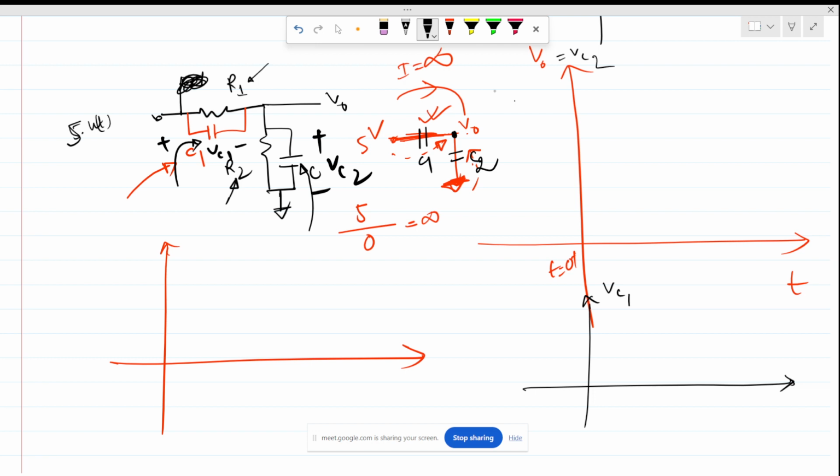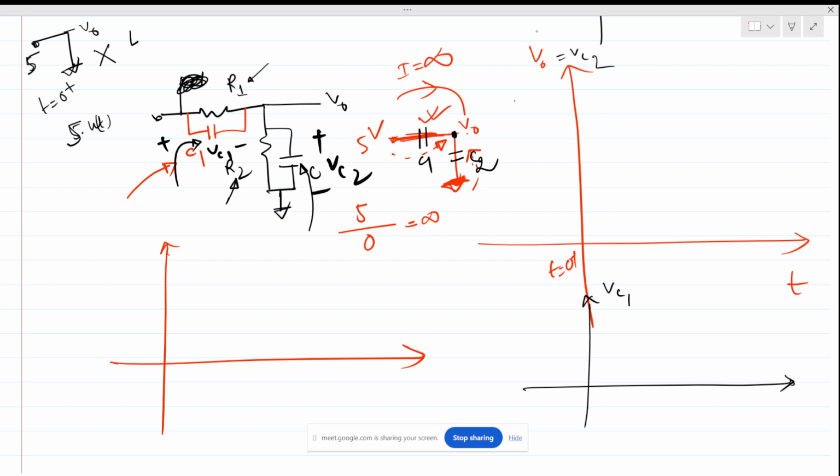Can you explain it again, Amit? Basically, we are seeing that at t equals 0 plus the circuit becomes this, right? But is this possible at t equals 0 plus? This is 0 volt. No, this is not practically possible.